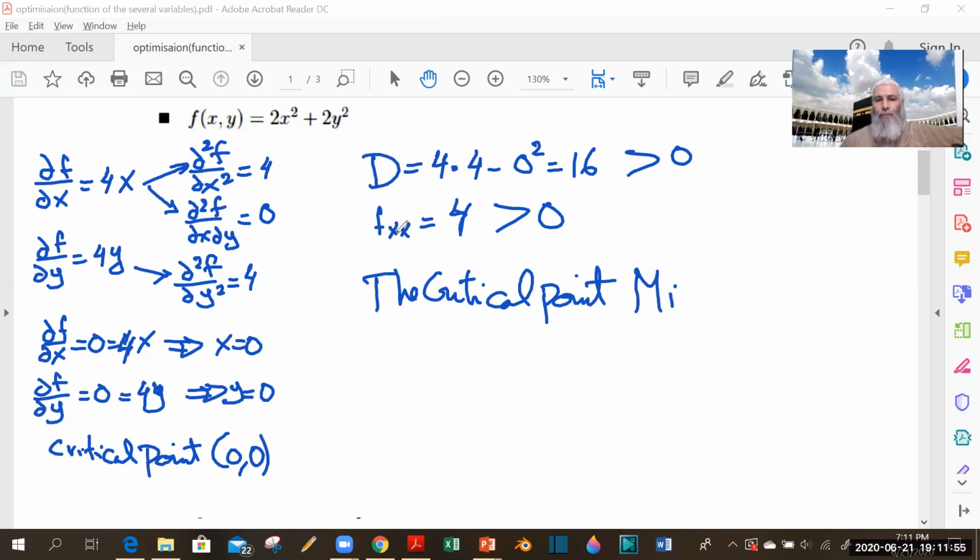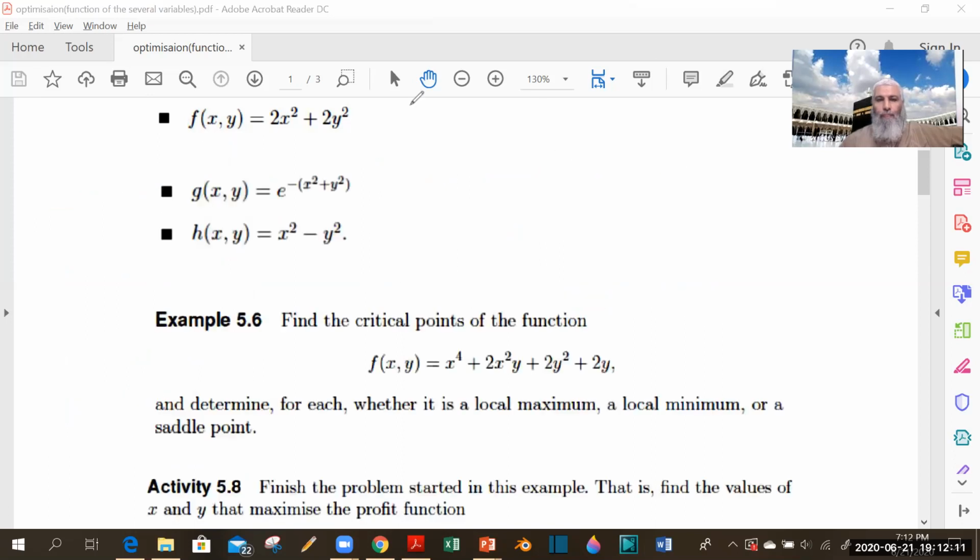If fxx greater than 0, the critical point is a minimum; if it were negative, it would be a maximum, yes? Okay, that's it.